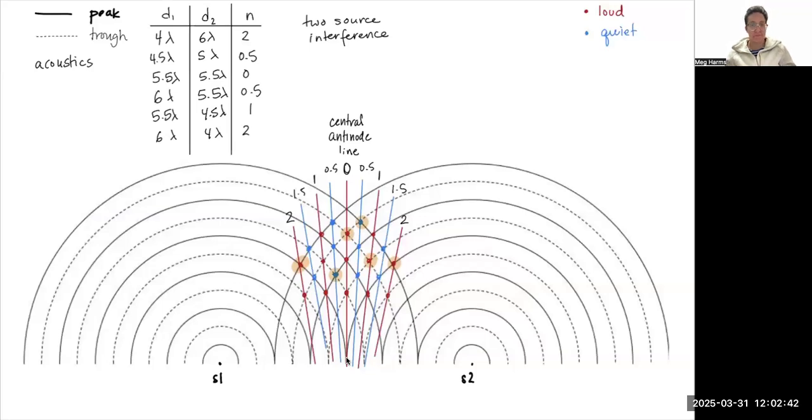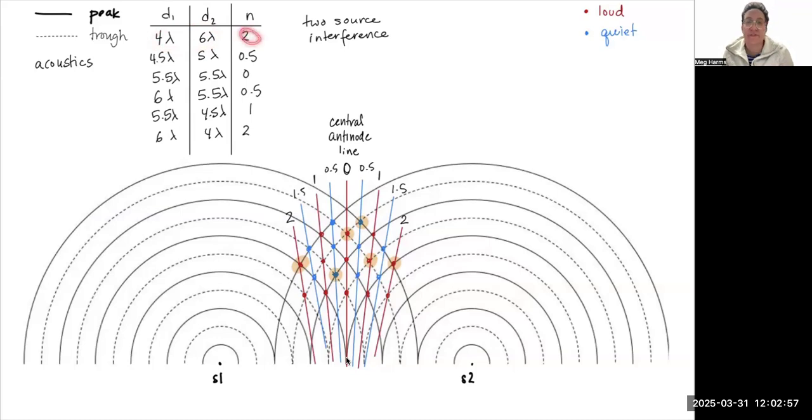So some of you might already be seeing a pattern emerging, because if we look, the difference between these two numbers, 4 wavelengths, 6 wavelengths, right? So the difference is 2 wavelengths.